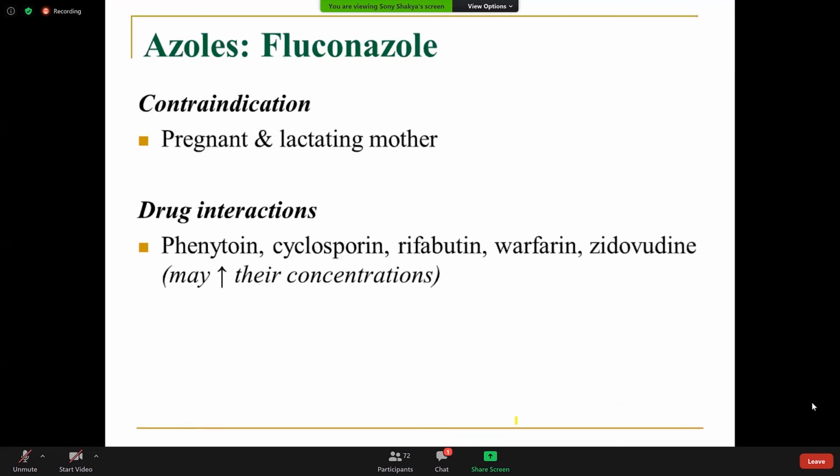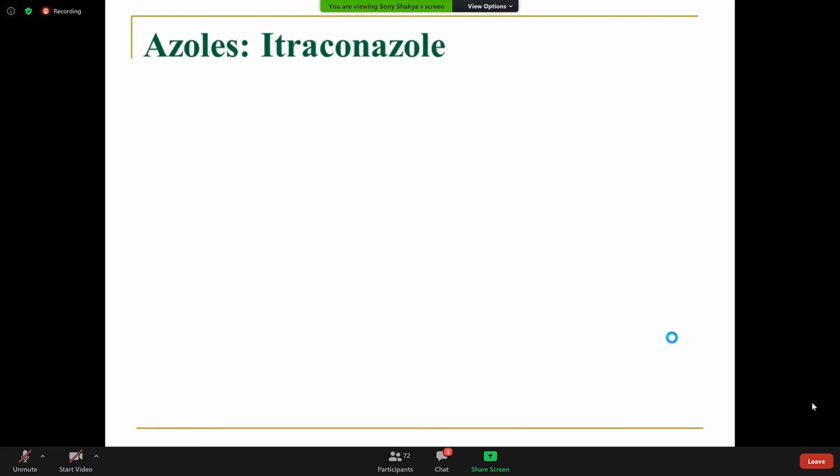Drug interactions: phenytoin, cyclosporine, rifabutin, warfarin, zidovudine may have their concentration increased by fluconazole. Rifampin decreases fluconazole level to half, because rifampin induces its metabolism.